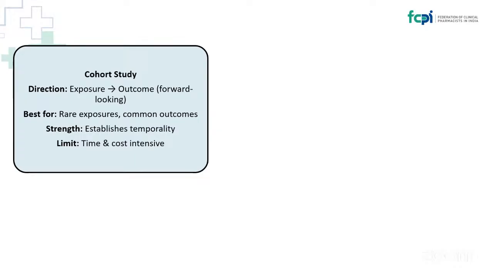It is best to understand rare exposure and it is useful to analyze common outcomes as well. And the strength of this cohort study is that it will establish temporality, and the limitation is that it is a very time consuming and cost intensive process.